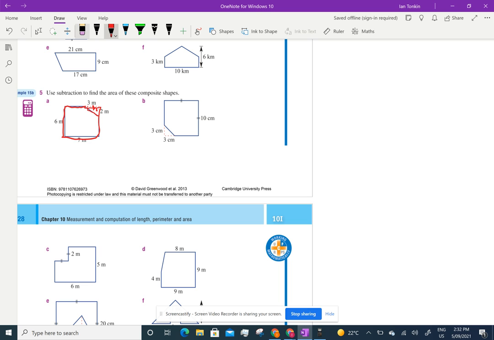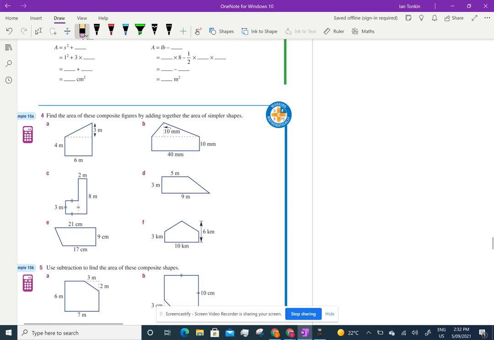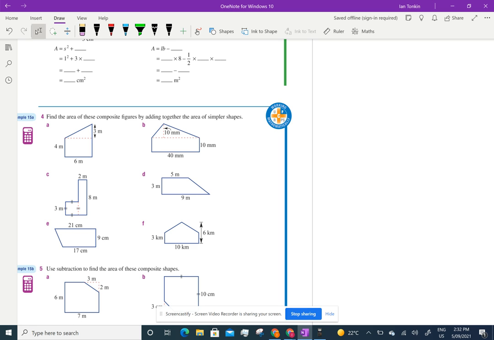So you can add or subtract, and it's up to you what you do and when you do it. But usually, if you've got a whole shape with a hole in it, it's easier to subtract. Or if you've got a shape that's broken up easily into parts, you add. So for these ones, they were just adding in question 4 and subtracting in question 5. I'm not going to do all of them, but we'll start with them.